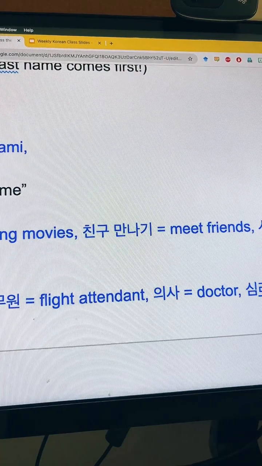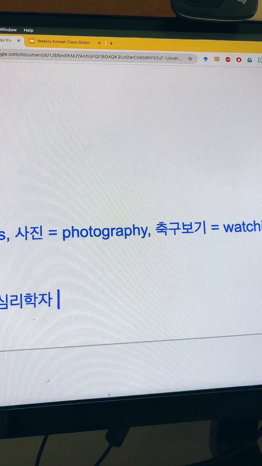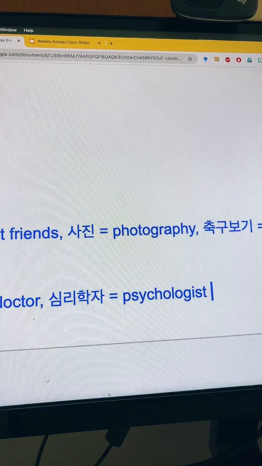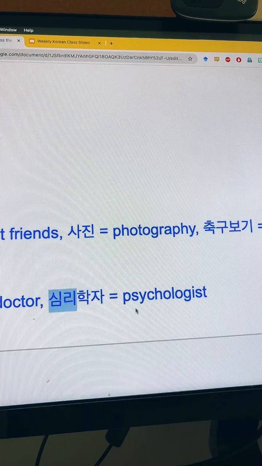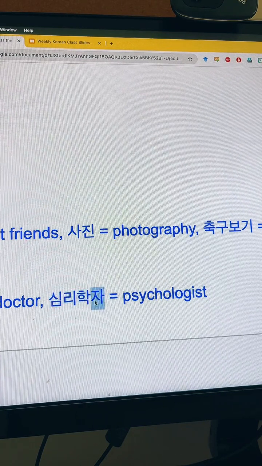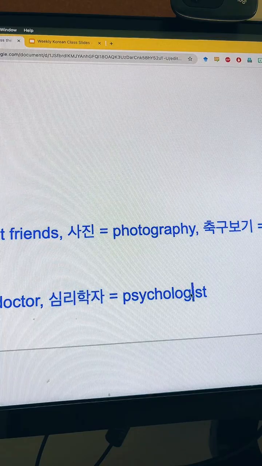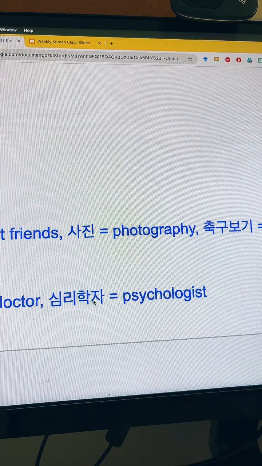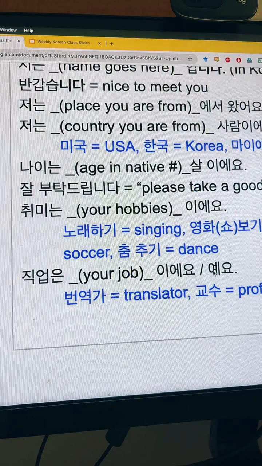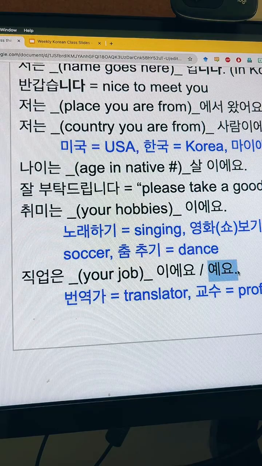How can I say psychologist? Psychologist, 심리학자. 심리 means like psychology. 심리학 is the study of psychology. 심리학자 is the person that studies psychology, so psychologist. 자 does not have a 받침, so you end with 예요. 심리학자예요.